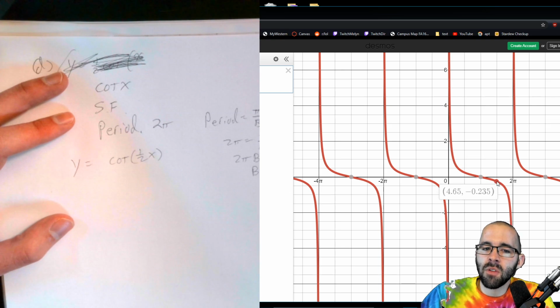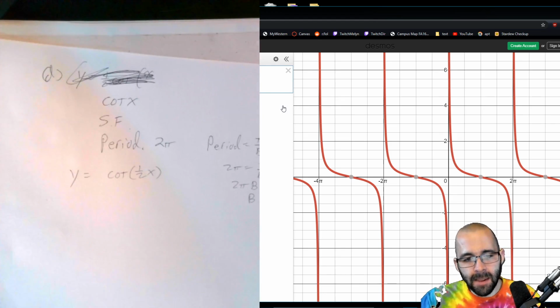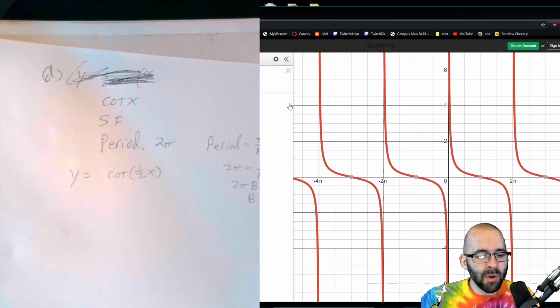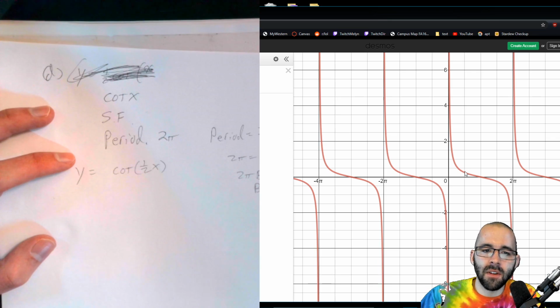Here, when we move 1/4 of the period this way, we're also roughly at 1/4, if I can find the 1/4 of the period. Okay. So we are 1/4 as tall as we think we should be. We should be at 1, but we are actually at 1/4.